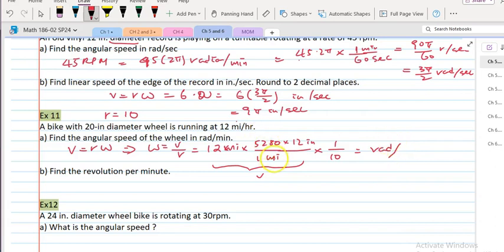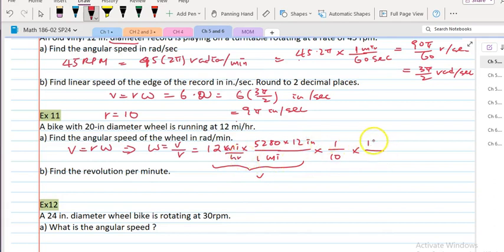Mile per hour. Oh, this is still hour, so this is per hour. So I have to change hour also, right? I didn't write hour. Now I have to write hour and cancel the hour into minutes.